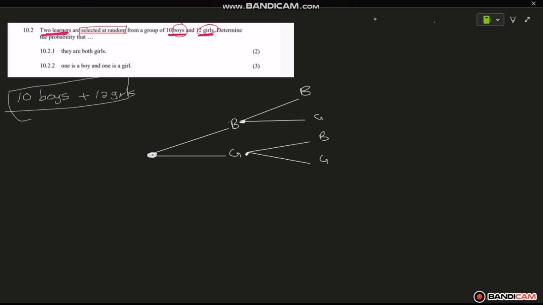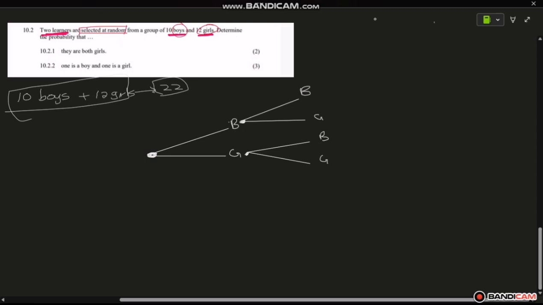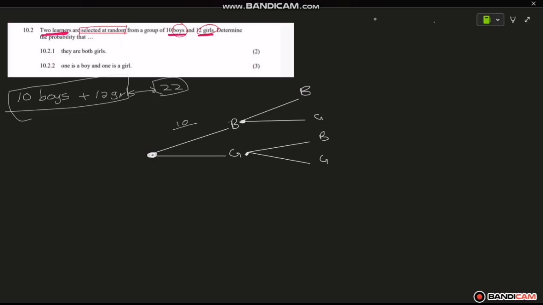Then when we add all of them, they give us a sample space of 22 boys and girls. All right, now the probability of the boys will be 10 over 22 before selecting them. Remember, it's without replacement, but here we cannot actually change anything. Why? Because we haven't selected any. So it's 12 over 22 here.